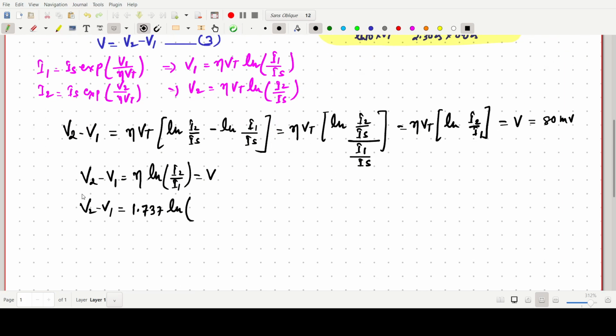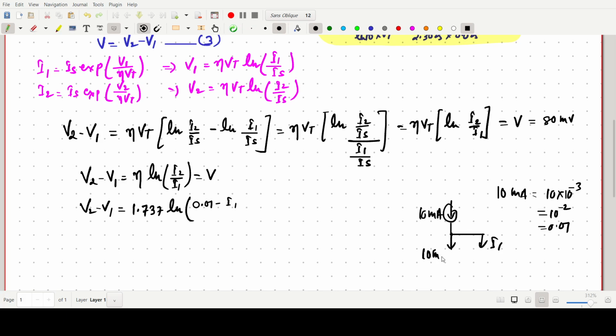So I2 will be 10 milliampere, which means 0.01 minus I1, because 10 into 10 to the power minus 3 is 0.01. Here I1 is going in D1, and in D2 it is going 10 milliampere minus I1.